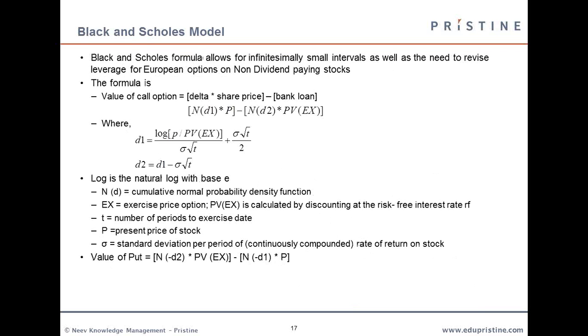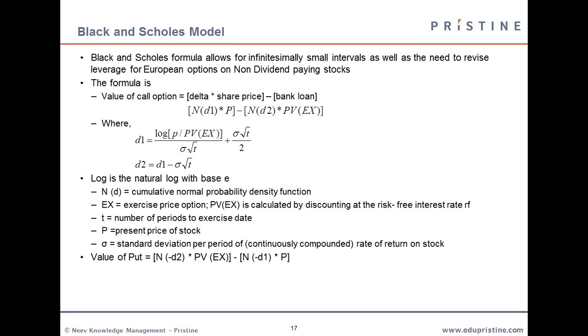Okay, let's move to the next method, which is slightly more complex while also being slightly more accurate. Black-Scholes model. Here we can have infinitesimally small intervals. It's basically an enhanced version of the binomial method, with time durations as small as infinitesimally small intervals.